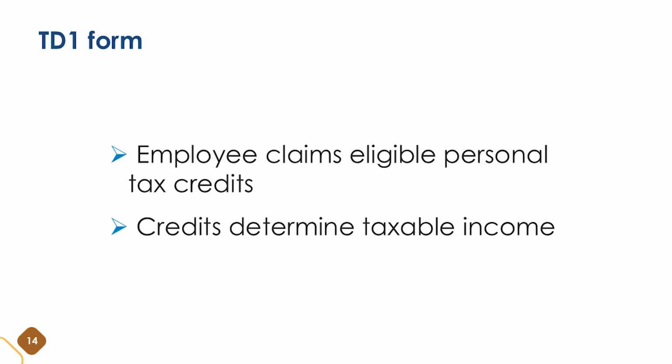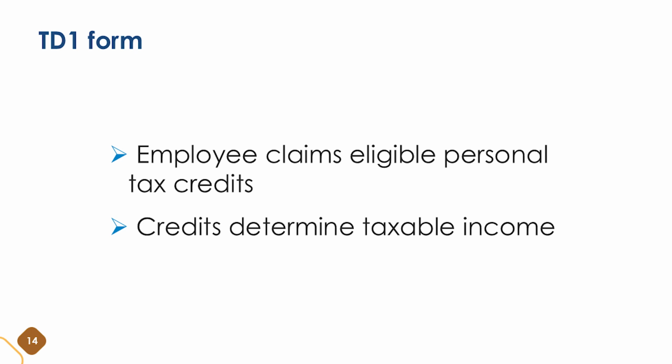On the TD1, they will check the box on page 2, more than one employer or payer at the same time, and enter claim code 0 on the front page. If your employee doesn't give you a TD1, you should use claim code 1. This means you calculate their pay while only considering the basic personal amount.